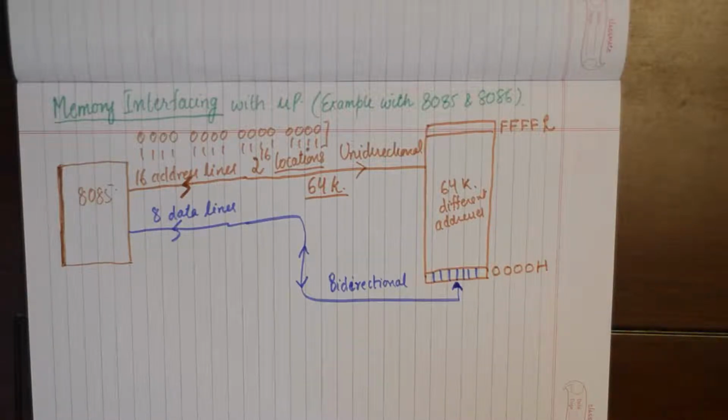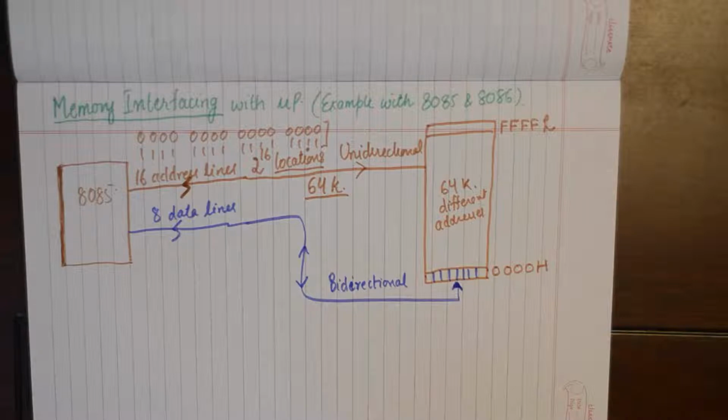There is no need for the memory to specify anything related to addresses to the microprocessor. So it is easy to understand that address lines are unidirectional and data lines are bidirectional. This is the second key point here.